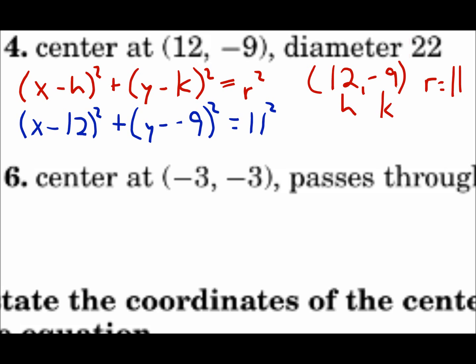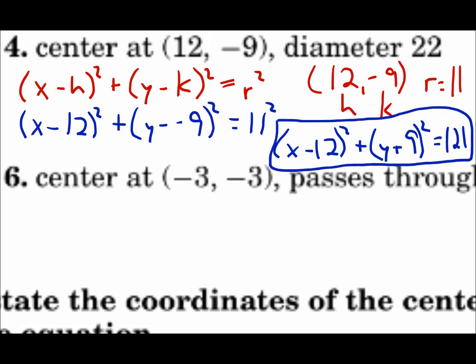Simplify. x minus 12 stays the same. y minus negative 9 becomes y plus 9. And 11 squared is 121. So the final answer, (x minus 12) squared plus (y plus 9) squared equals 121.